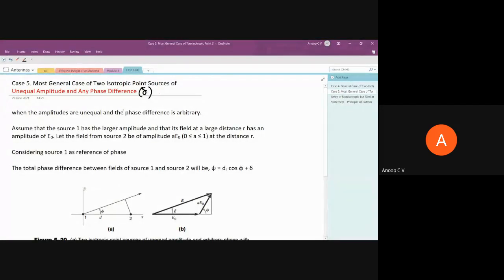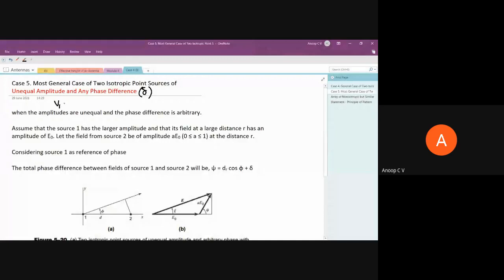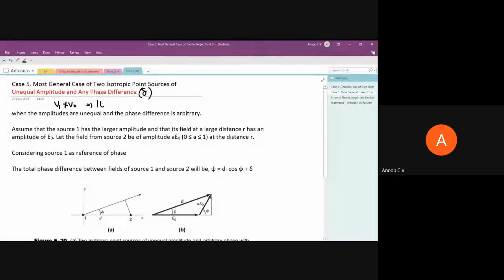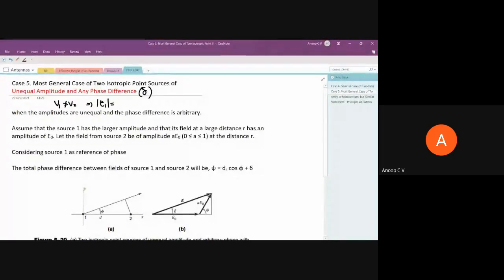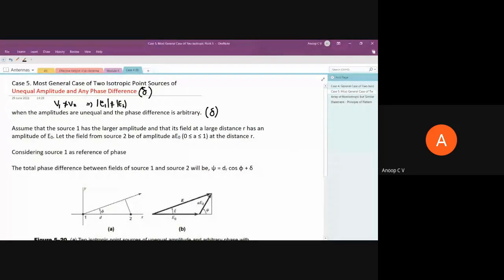So when amplitudes are unequal and phase differences are arbitrary, V1 is not equal to V2, which implies the magnitude of E1 will not be equal to the magnitude of E2, and a phase difference of delta is already there.